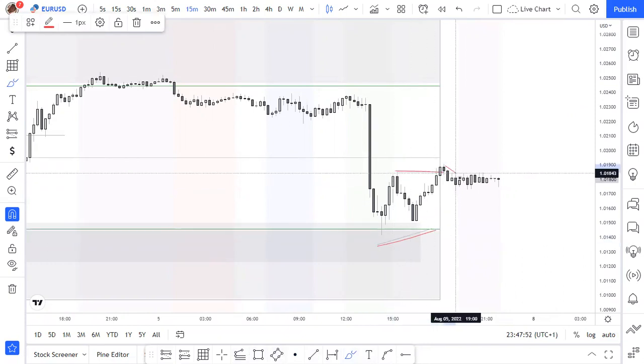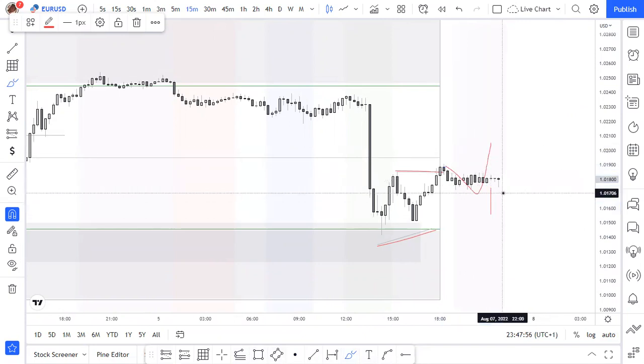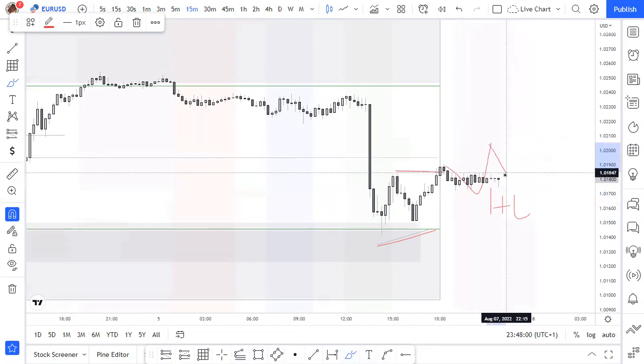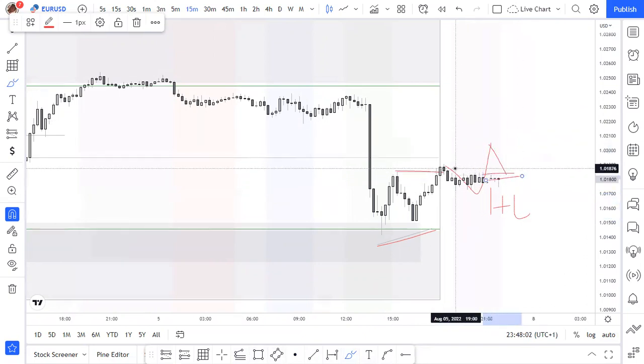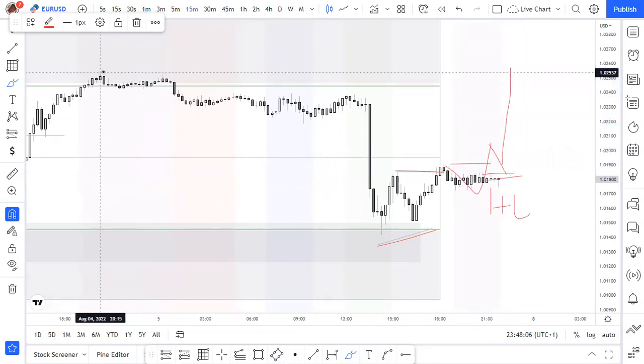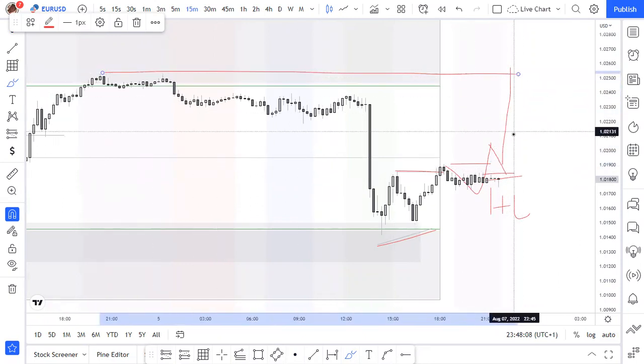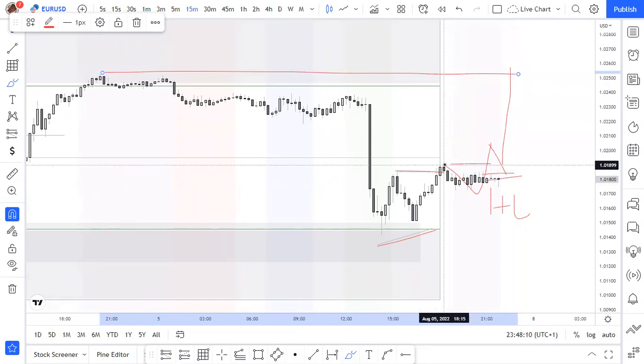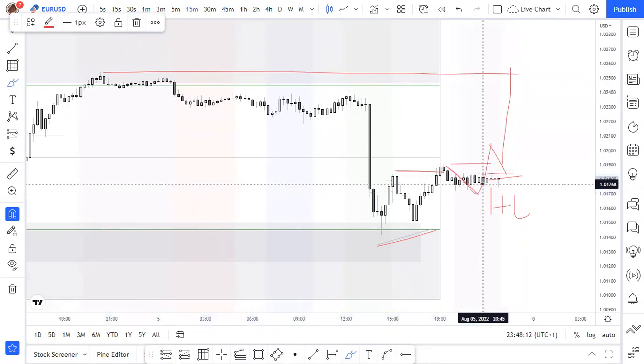So you can either look for the confirmation higher low here and then take the trade when price comes back again after this break of structure, to then take out this 4 hour high, or you could just take the trade directly but with a double confirmation on the 1 minute within here. So it all depends on what you feel comfortable doing.